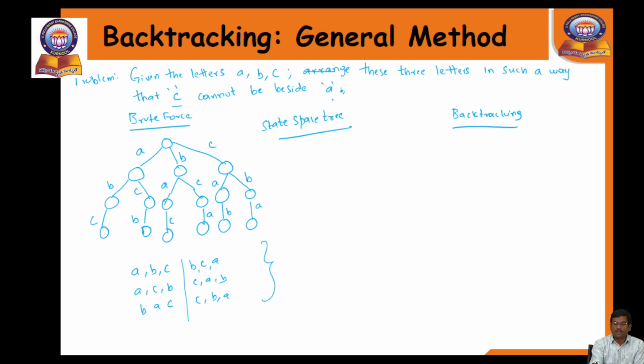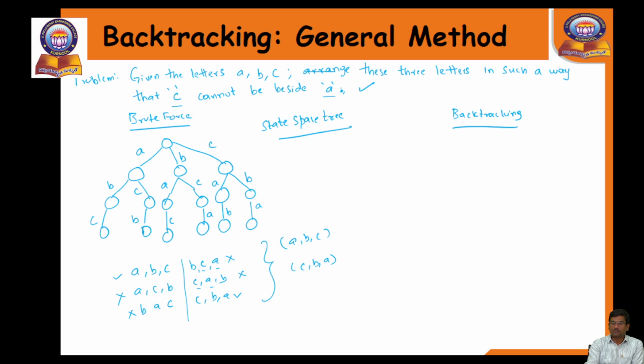The problem is that C cannot be beside A. Here, this is not a feasible solution, and this is also not a solution, and this is also not a solution, because C is beside A in each of them. These are the 2 solutions: A, B, C, and the next one, C, B, A, satisfying the condition that C cannot be beside A.